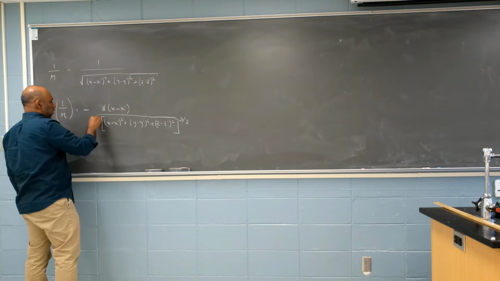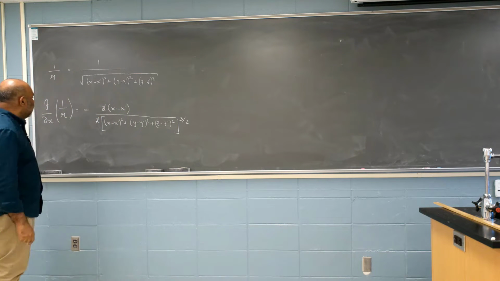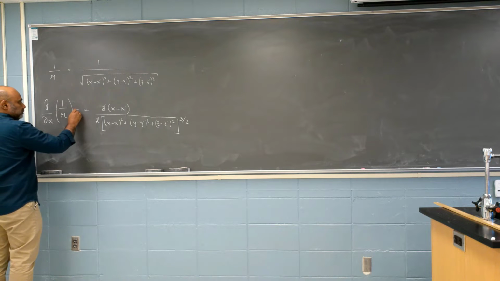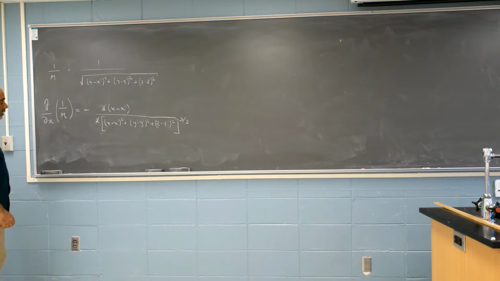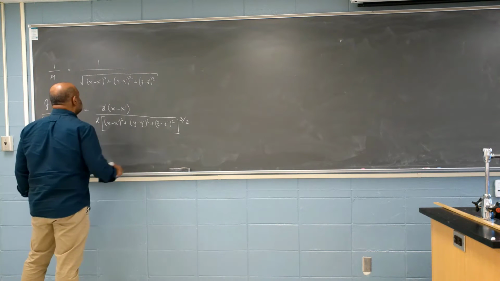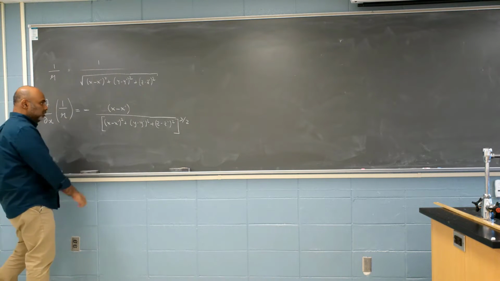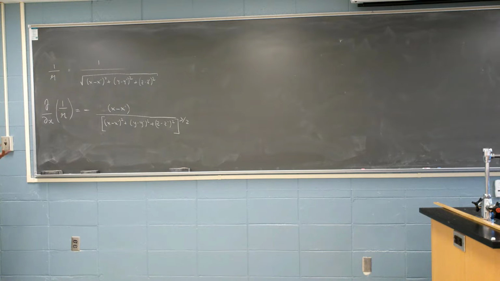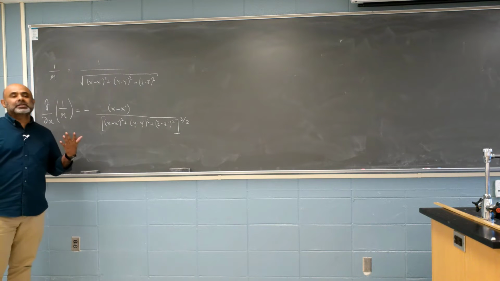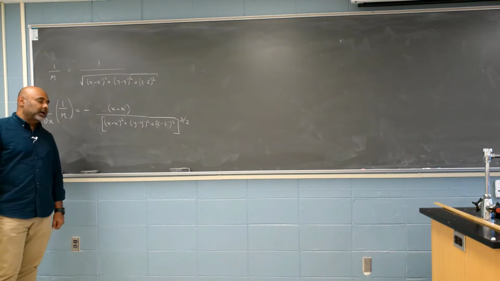Of course, these two cancel off. This is the final derivative. Now, the trick becomes handy. Because we'll be taking the gradient, if I can do it with respect to x, I can do it with respect to y and z.